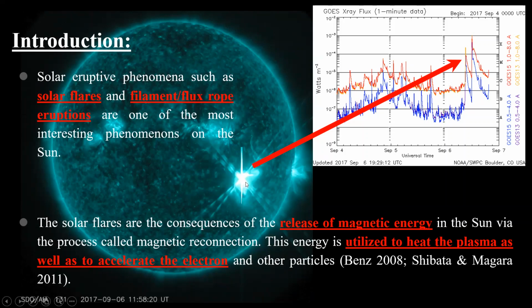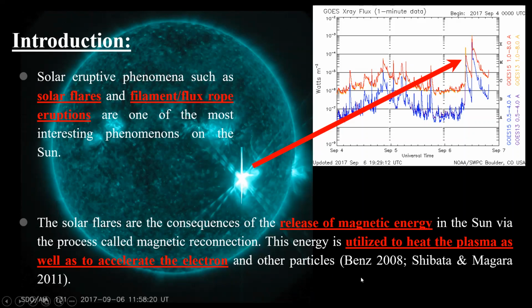This kind of brightness on the sun's surface is usually called solar flares. These are basically nothing but the release of magnetic energy in the sun, and the release of magnetic energy usually occurs by the process called magnetic reconnection.